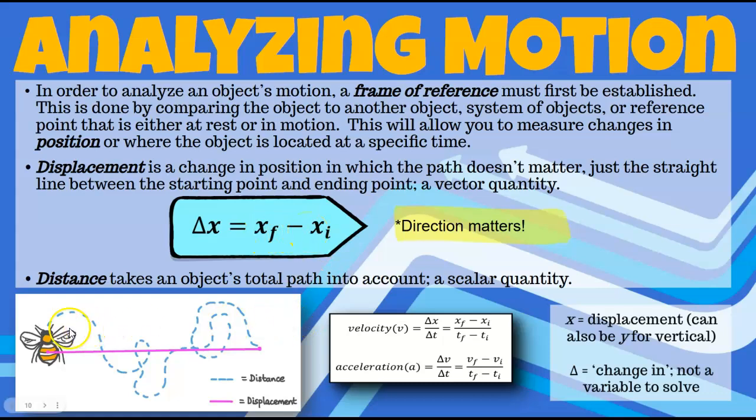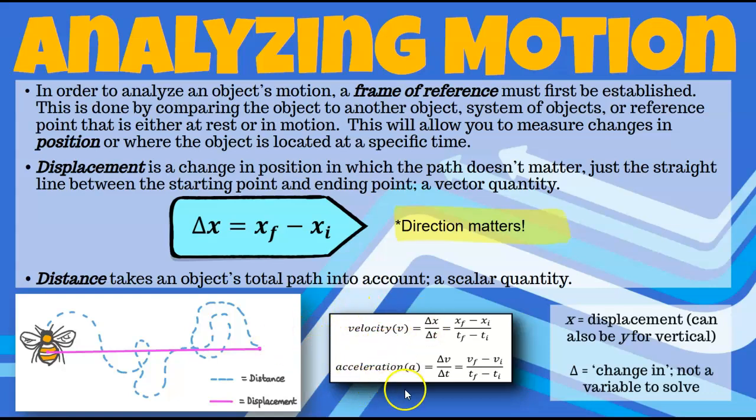Here we have a perfect picture that shows where the dotted line is the actual distance that the bee has moved, whereas if we're looking for displacement, that is the pink. It's essentially where they start from to where they end. It's the straight line or the quickest way to get from starting to ending, again with direction being important to displacement.